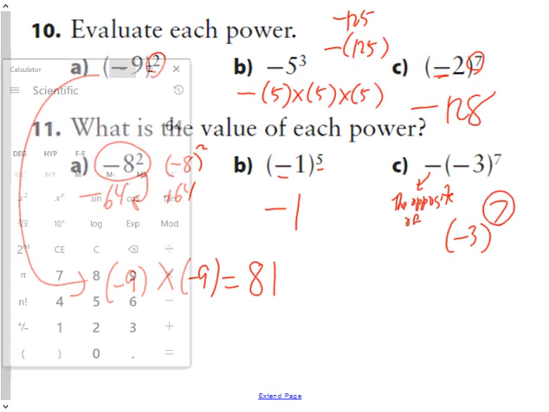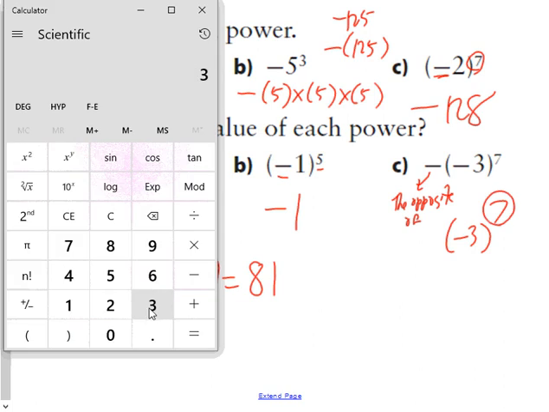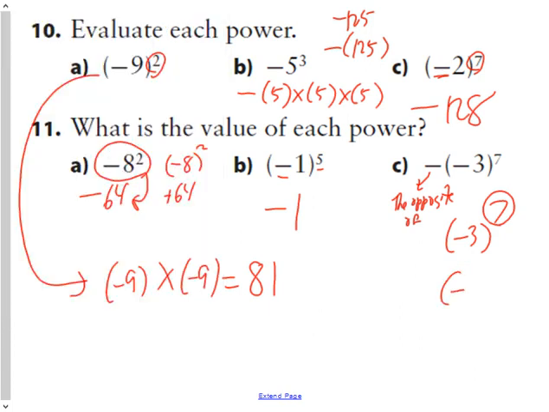Take your calculator and ask it, what is 3 to the exponent of 7? It will say it is 2187, so I know it's going to be a negative 2187. And this negative sign stays here. What is the opposite of negative 2187? The answer is positive 2187.